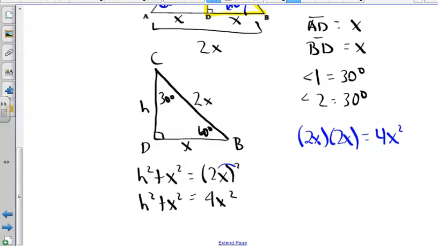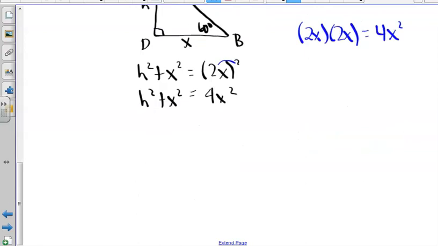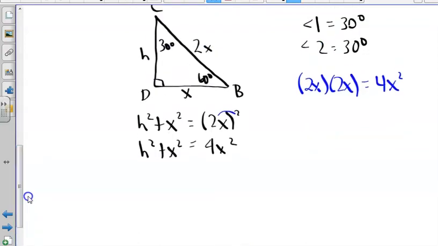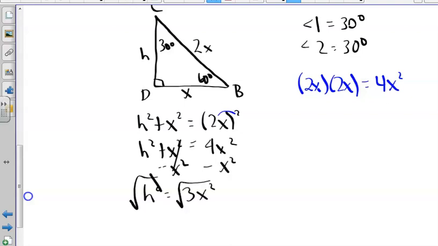So let's try to get h by itself so we can solve to figure out the relationship between each of the sides in a 30, 60, 90 triangle. I'm going to subtract x squared. I get h squared equals 3x squared. To get rid of a square, I'm going to square root both sides. I'll get h equals the square root of 3 times the square root of x squared.